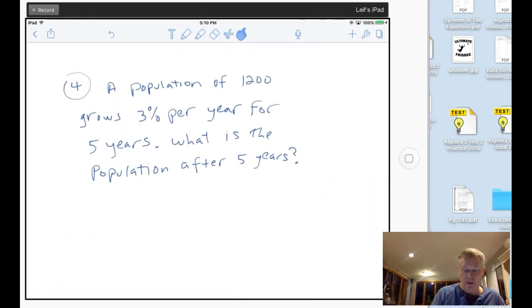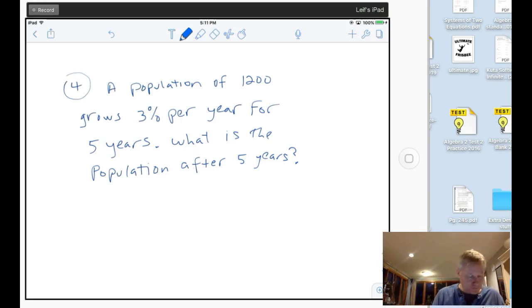Next one. A population of 1,200, it doesn't say what the population's of, sometimes it could be animals or whatever, grows 3% for 5 years. What is the population after 5 years?